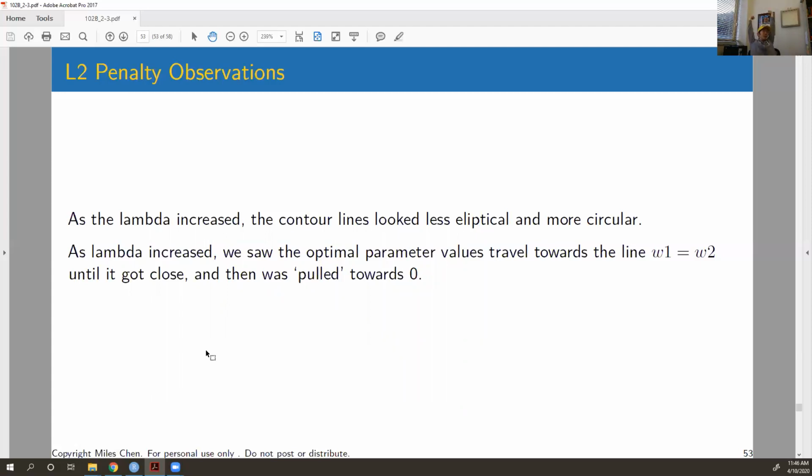If you think about the L1 norm and the L2 norm, the L2 norm will penalize larger values of W more than the L1 norm. The L1 norm, the LASSO, penalizes large values equally as small values.